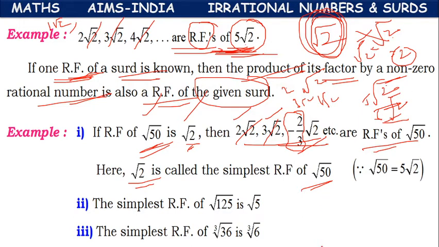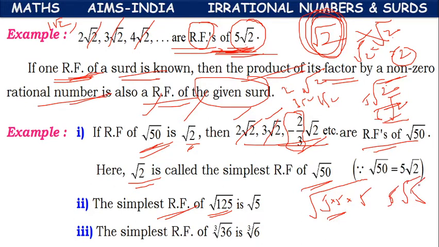Okay. In the same way, the simplest rationalizing factor of root 125. How can we write root 125? We can write root 125 as 5 into 5 into 5. For 2 5s, 1 5 will come outside. 5 root 5.